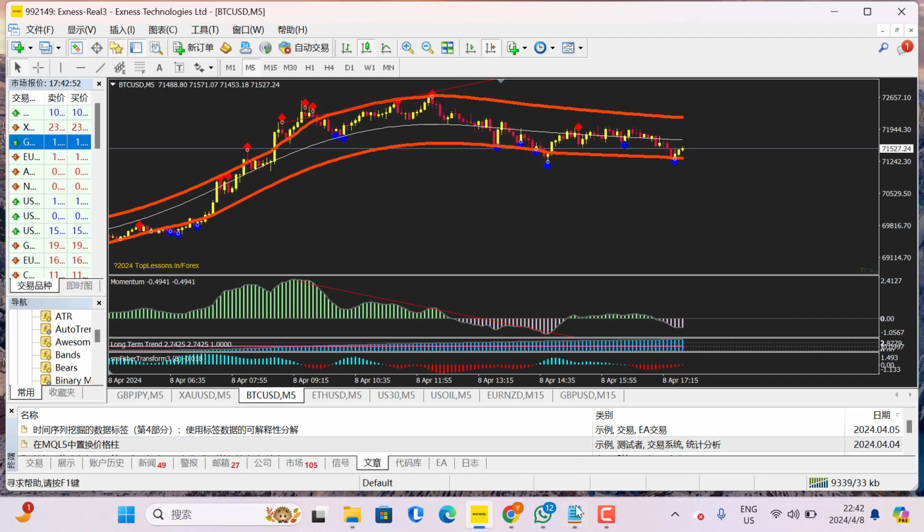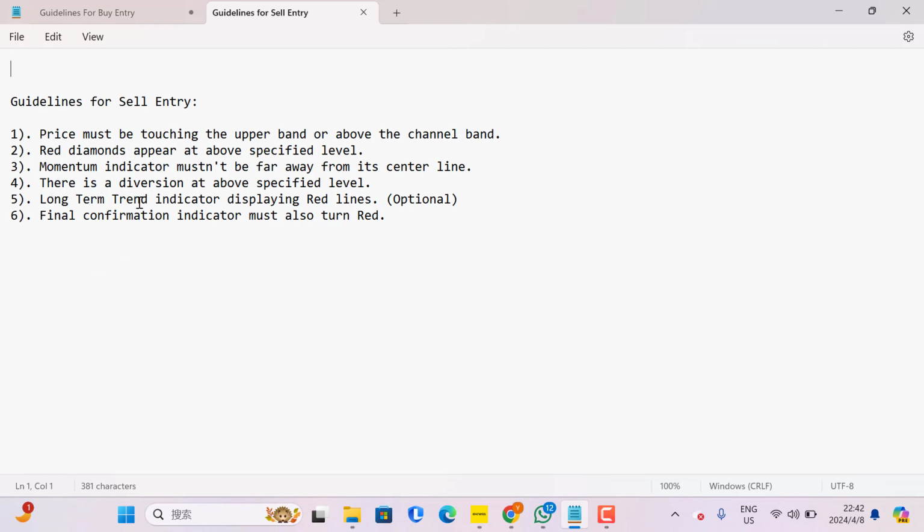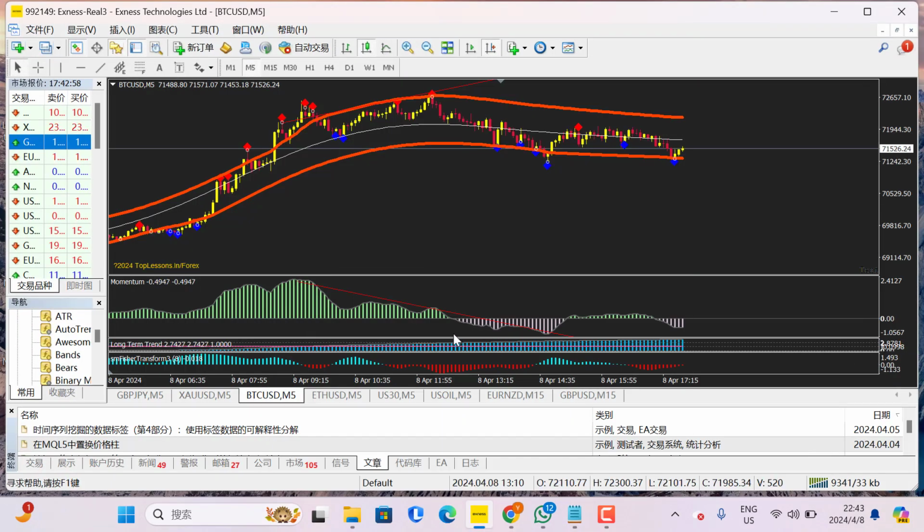Now let's move to our fifth condition, that is the long-term trend indicator displaying red lines. This is the long-term trend indicator, and for the 5-minute chart it is already set for a 1 hour time frame, because this is a multi-time frame indicator. For 1 hour it is showing blue lines.